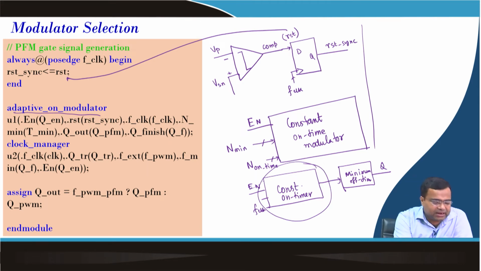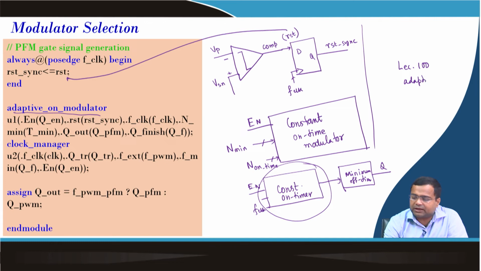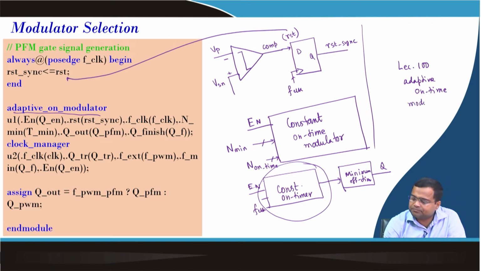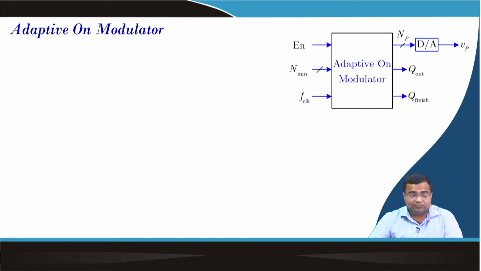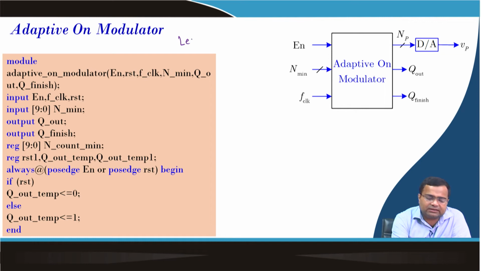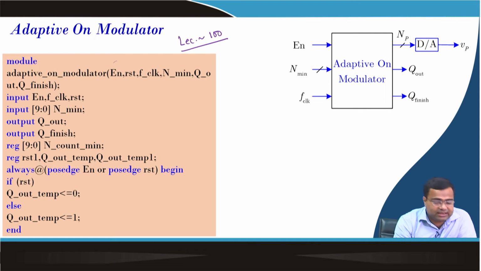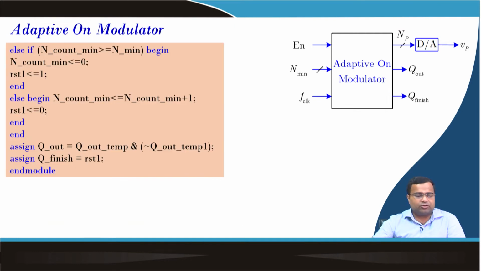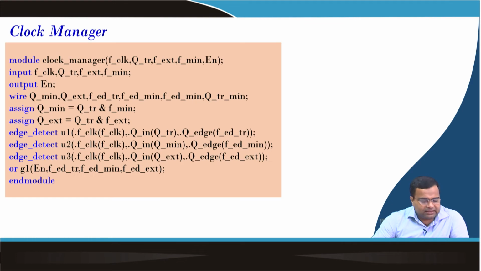That is why for the adaptive on time modulator, which we discussed in lecture number 100, I am not going to discuss it again in detail. One can refer to how to generate it; everything else is the same. Here in adaptive on time we also use a peak current based approach. The details are in lecture number 100, and I am not going to repeat them.